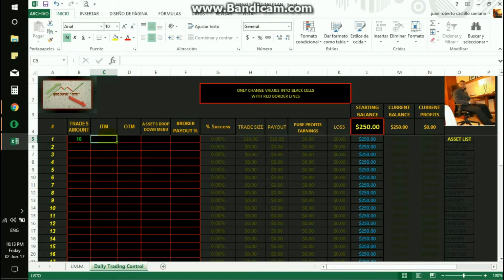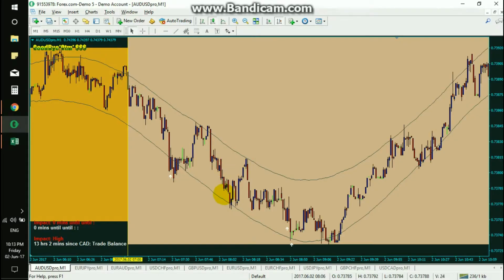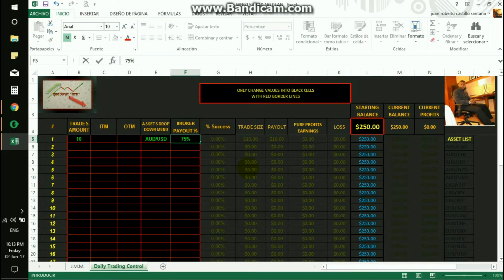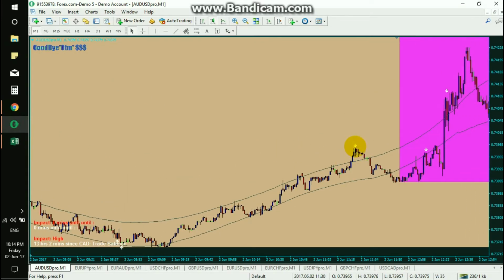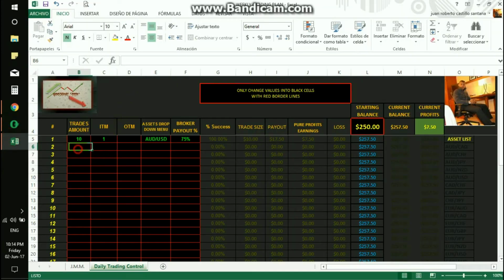So we have a $10 investment on Australian USD with the payout. Let's say that you have a 75 payout. And then we get ITM. Right here you see you're already $7 above. And then we place another trade of $10.